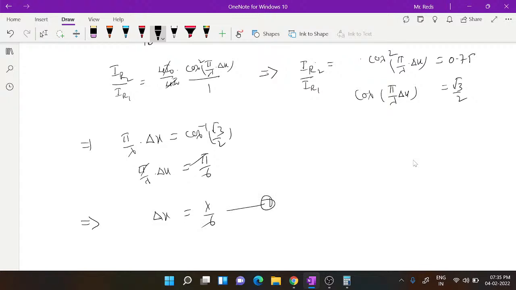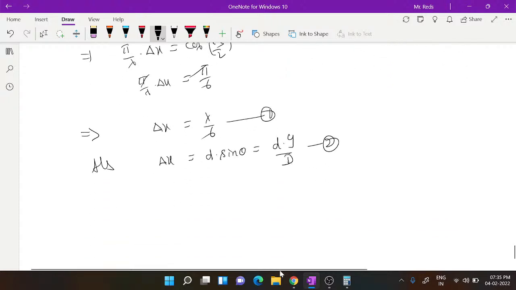But the question here is, what is the smallest distance where the path difference is this? We also know that delta x is equal to d into sine theta, which is d into y by capital D. Let us say this is 2.